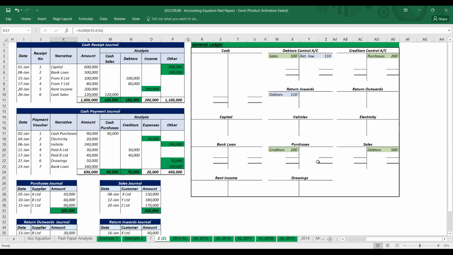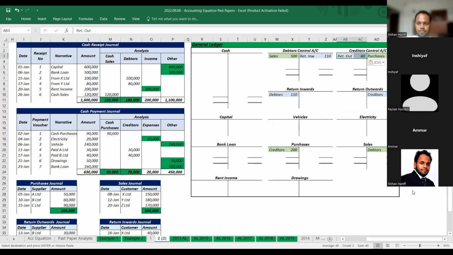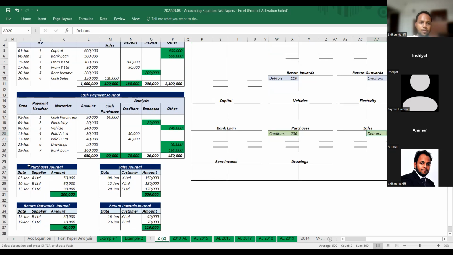Return outwards 40,000. Return outwards credit, so creditors account debit. Return outwards credit, return inwards debit, purchases debit, sales credit. Okay. So these four journals are done.